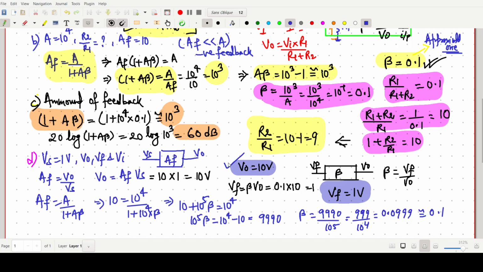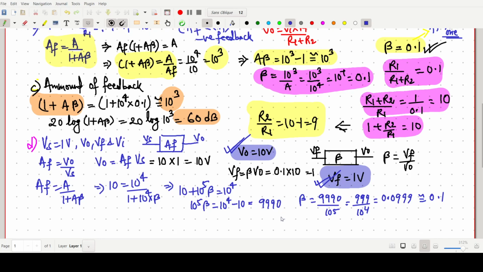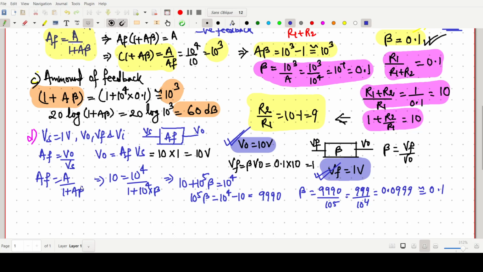V naught is calculated, Vf is calculated. Now we have to find the value of Vi. For the calculation of Vi, if this one is an amplifier, this one is V naught and this one is our Vi.